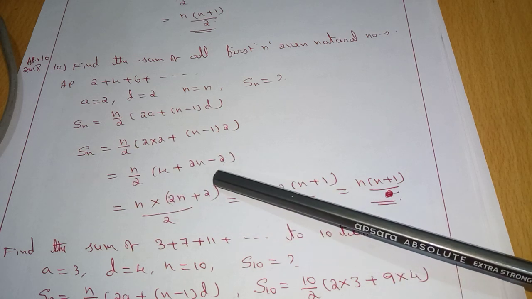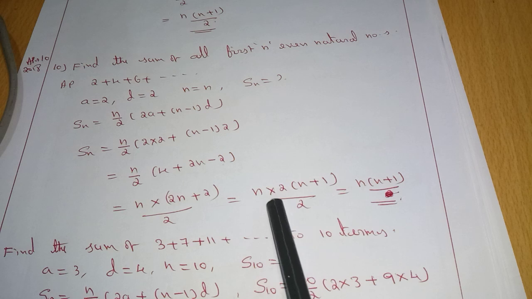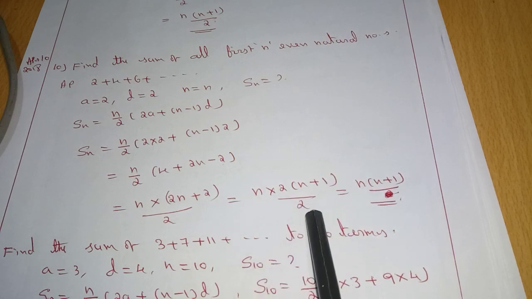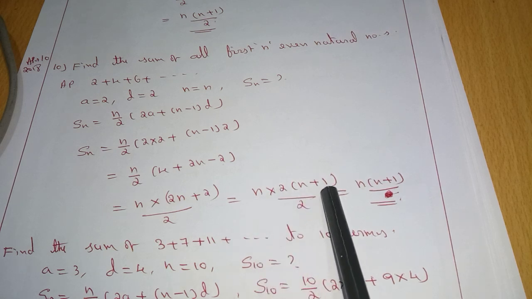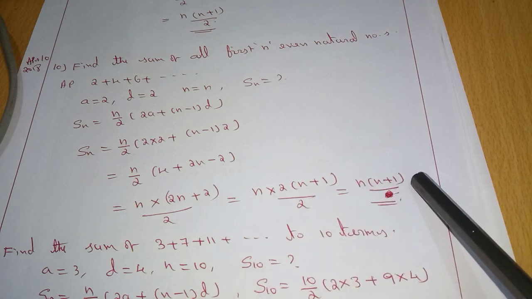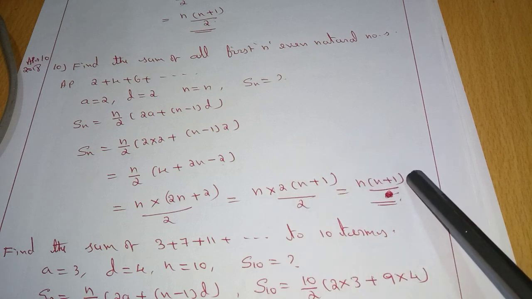Among these two terms, 2 is a common term. We will take it out. n into 2 into n plus 1 divided by 2. The 2 gets cancelled. The answer is n into n plus 1.